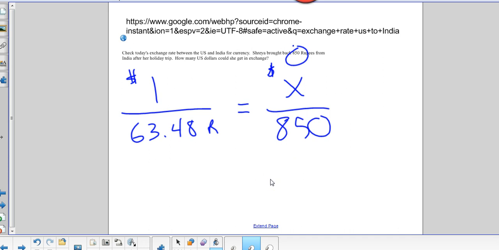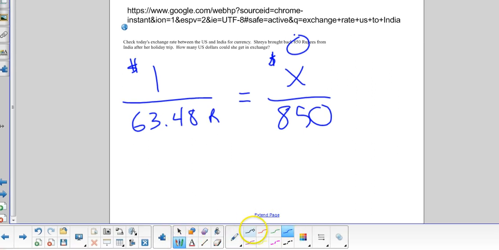So again, solving this one, I don't think I want to use the third grade method. I could, now this one is pretty standard to solve instead of doing cross products necessarily.